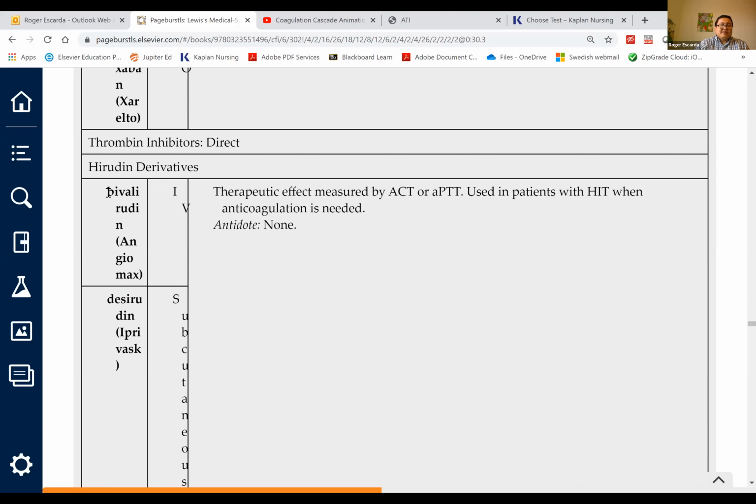Angiomax, which is bivalirudin, it's a direct thrombin inhibitor, but it's only used for cardiac catheterization. I have not seen it used for any other purpose, not for DVT, not for PE. It's only used for cardiac catheterization.